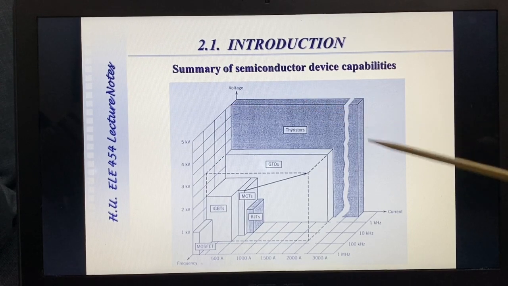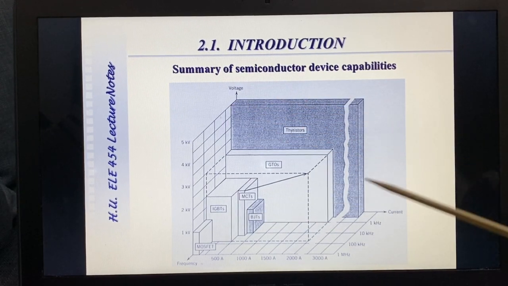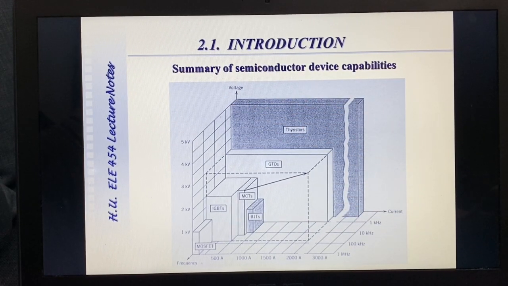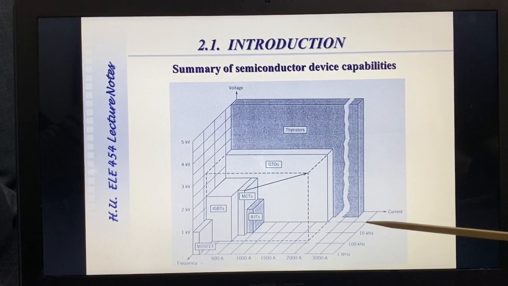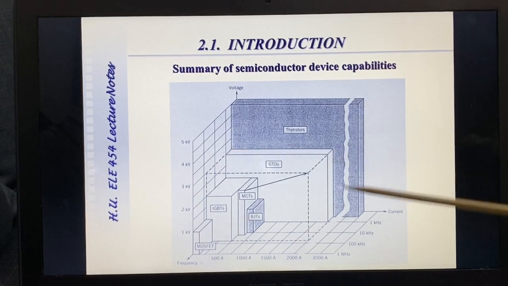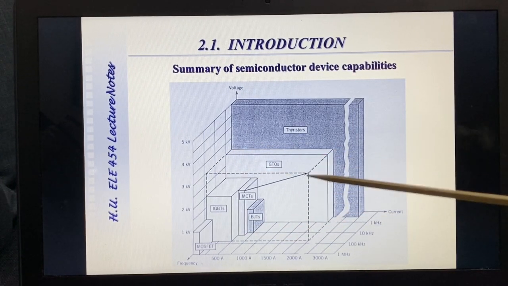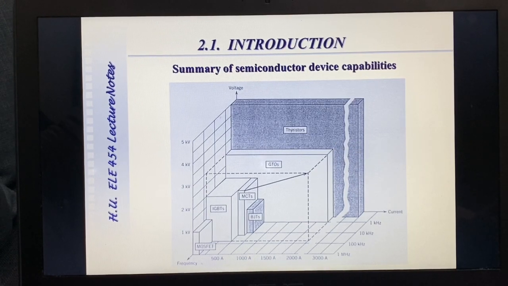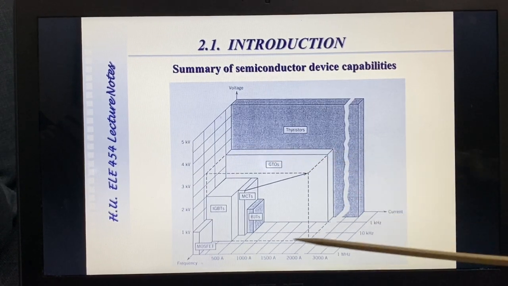The backward area here belongs to thyristors. Thyristors are very low frequency but high operating voltage and current devices. In the medium range, which is shown by the hatched portion here, is the IGBT, this range.